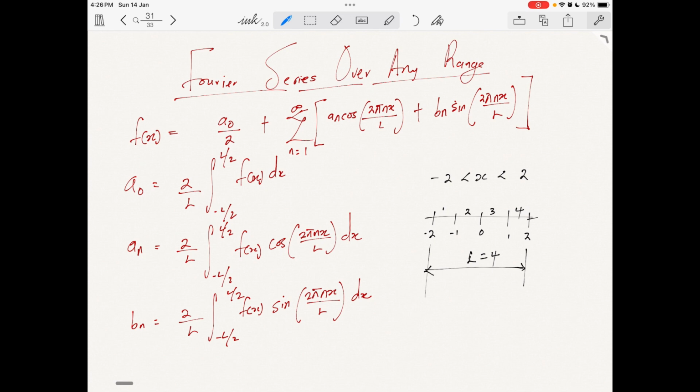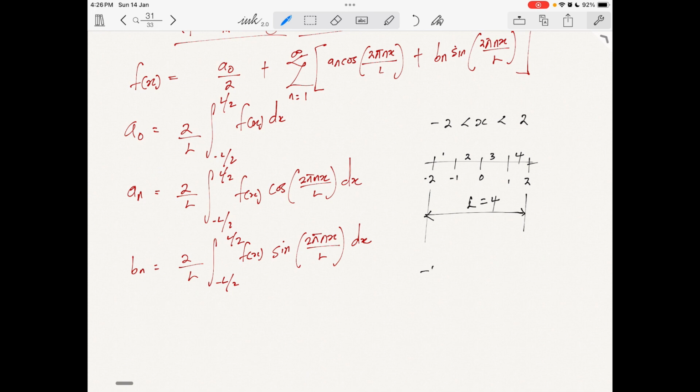Now let's take for instance we have minus 1 less than x less than 1. The distance from minus 1 to 0 to 1 is measured as our L, which is 2.